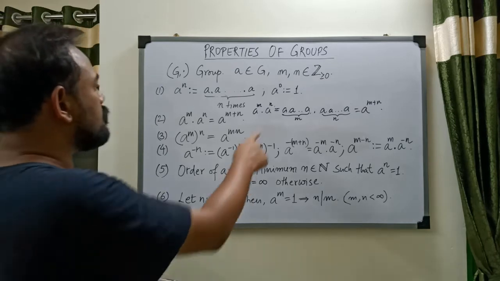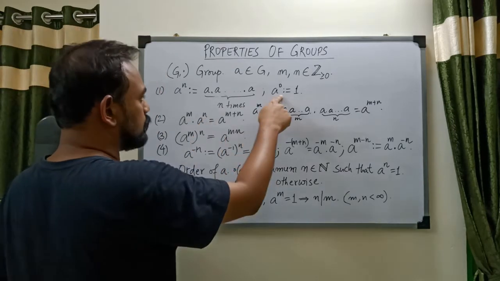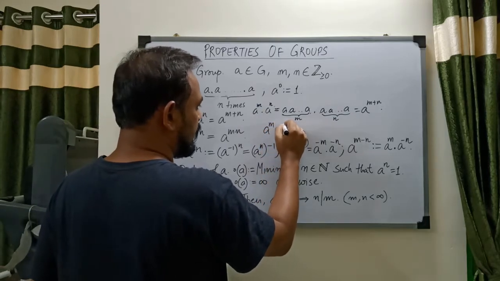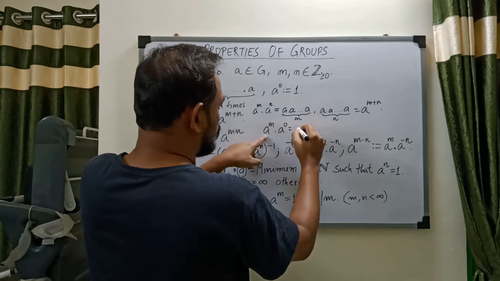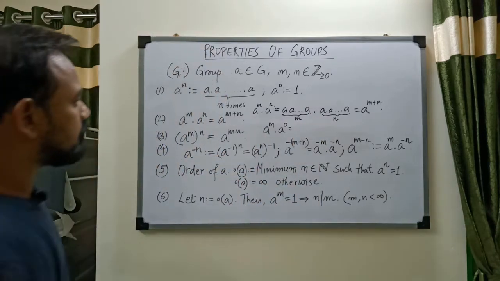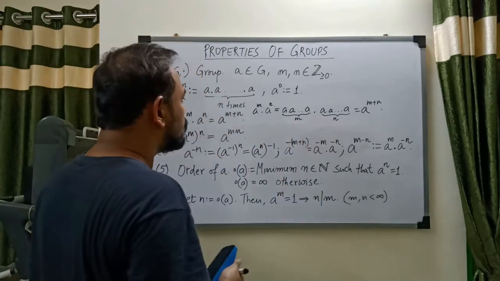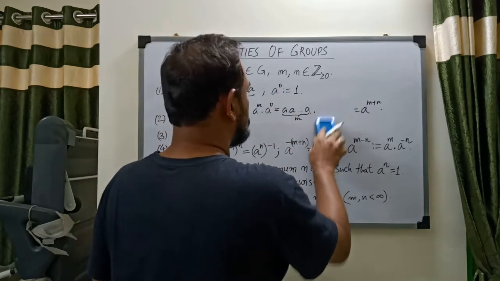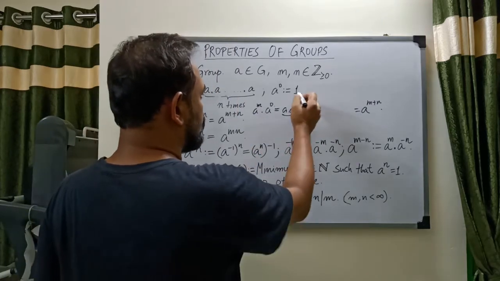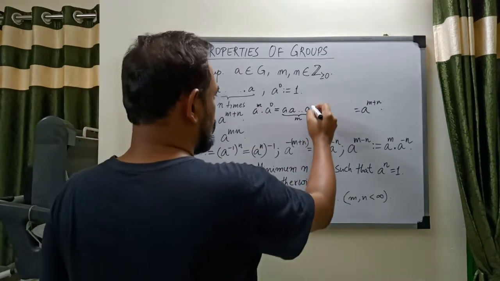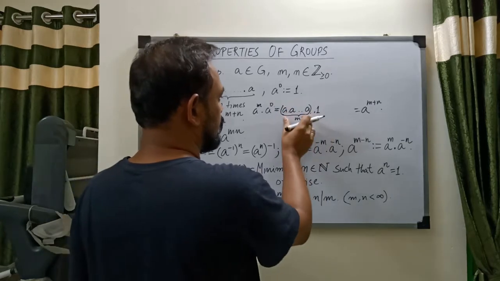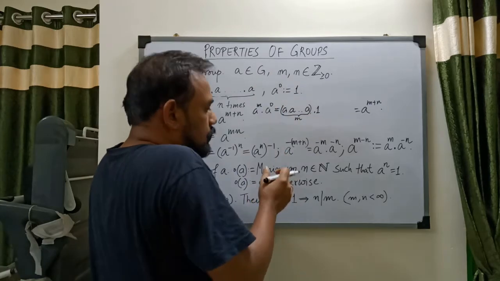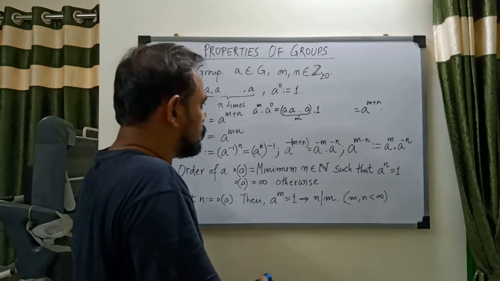And if one of them is 0, for example, if n is 0, if a^m and a^0, let's do it here itself. If n is 0, then it would mean 1, which is the identity. This is a product, so it's an element of G, because the closure property is true.